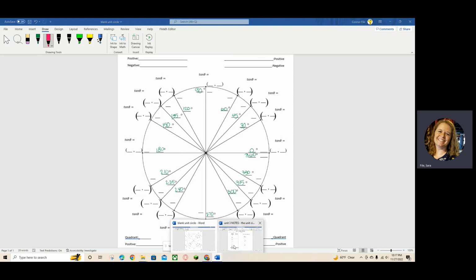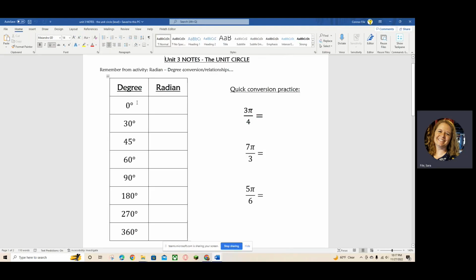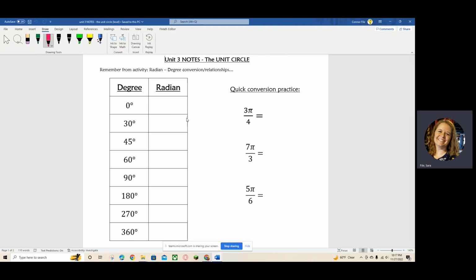I'm going to take it back to the notes real fast. We talked about our radian conversions, and the ones that you needed to have memorized were those initial first ones we filled in on that circle. Okay, so 0 degrees is 0 radians. And then we said 30 degrees was pi sixths radians. And 45 was pi fourths.